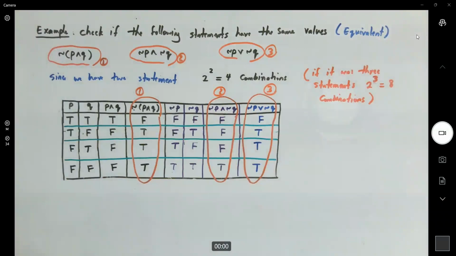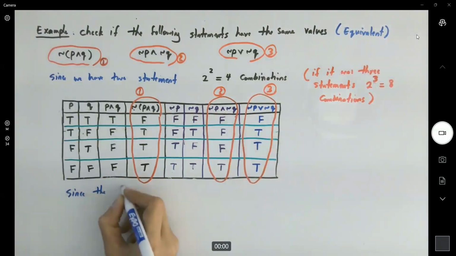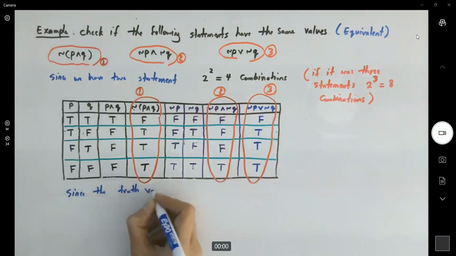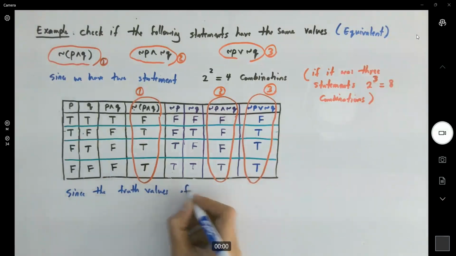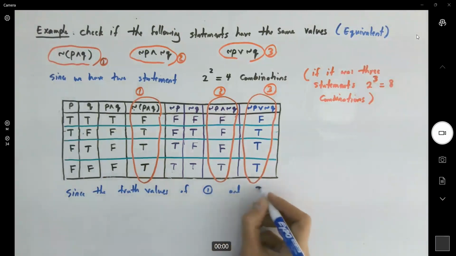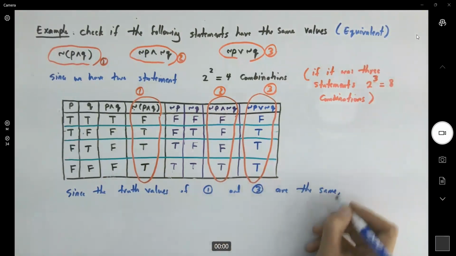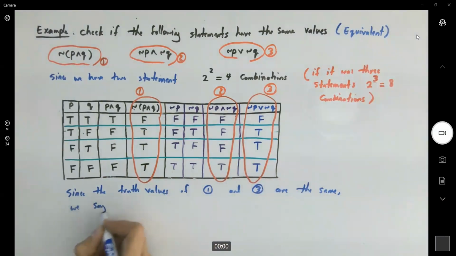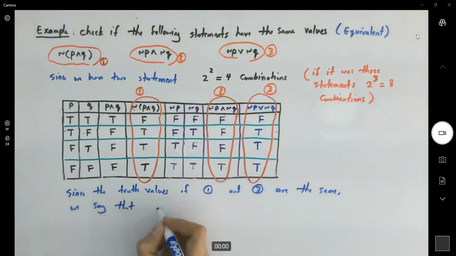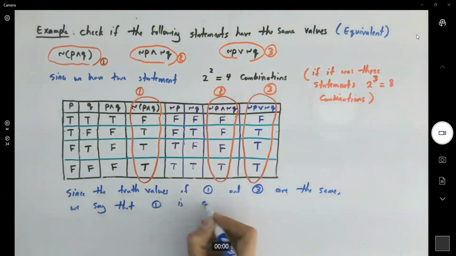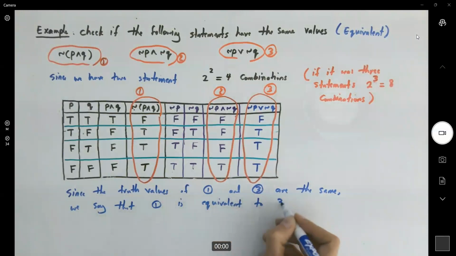So since the truth values of 1 and 3 are the same, we say that 1 is equivalent to 3.